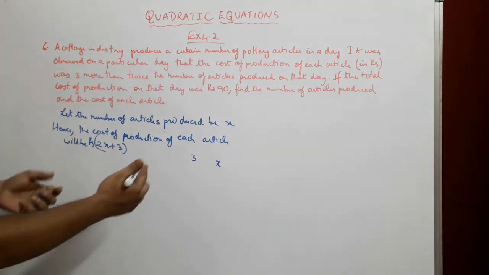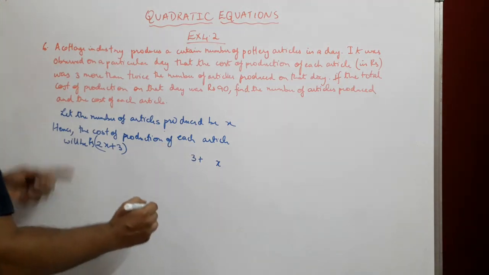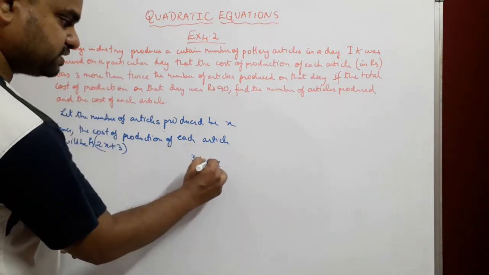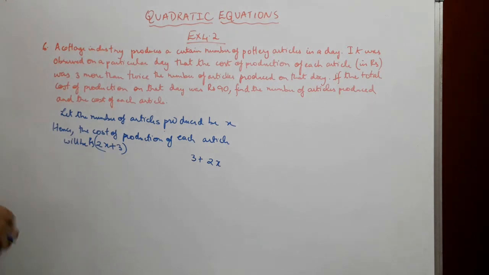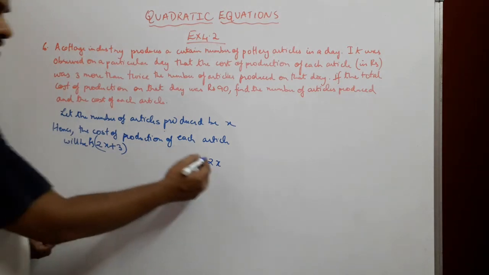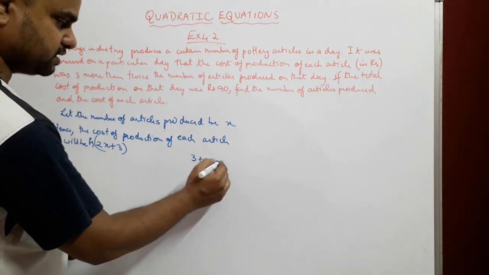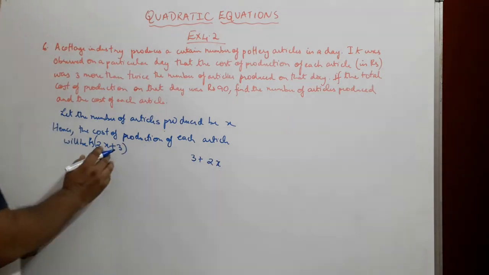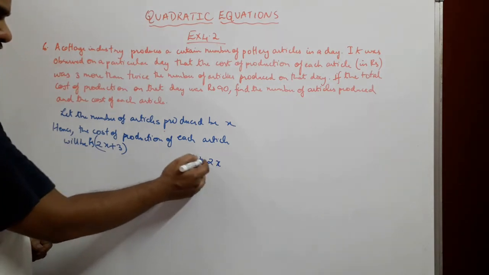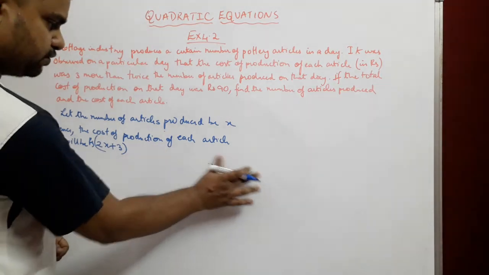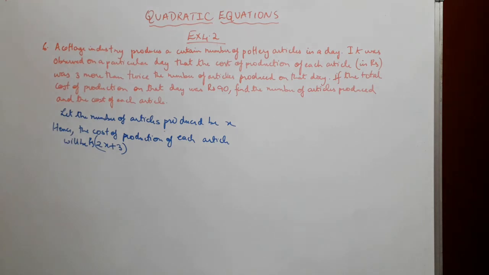More means addition. 3 more than twice. Twice, when it comes, twice, thrice, it means multiplication. Twice number of articles produced. Number of articles produced we assumed as X. So here all I have done is I put it in order 2x plus 3. Instead of writing 3 plus 2x, I put it 2x plus 3, and that is rupees.